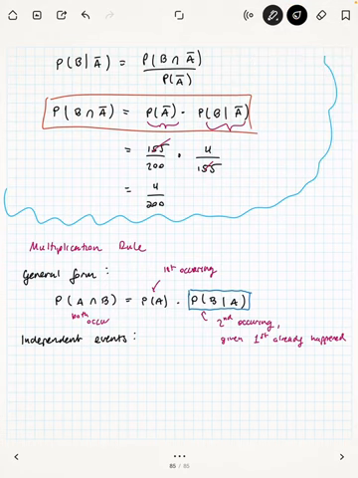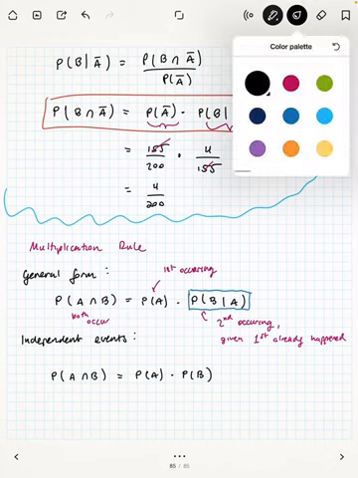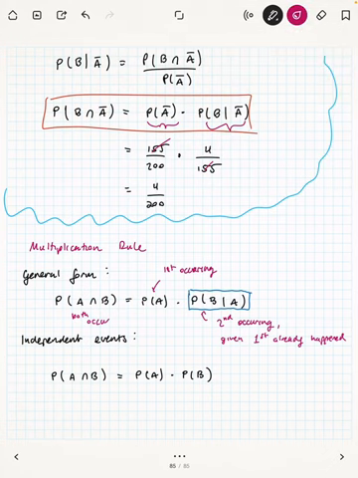So for that reason, we do have an independent version of this rule where we write the probability of A intersection B is equal to the probability of A times the probability of B. And this is special because what we're assuming here is that A and B are independent events, where the occurrence of one happening doesn't affect the occurrence of the other.